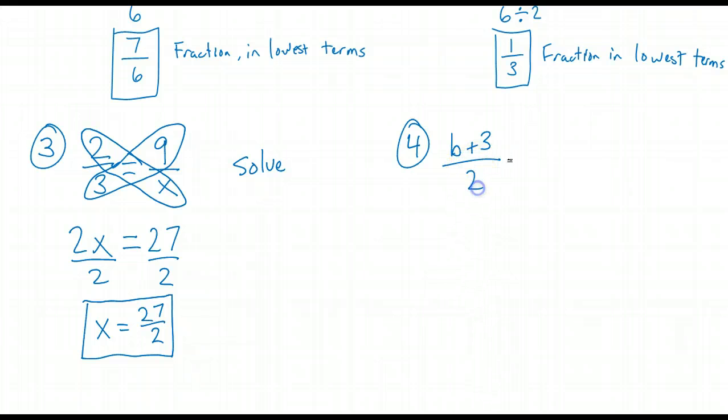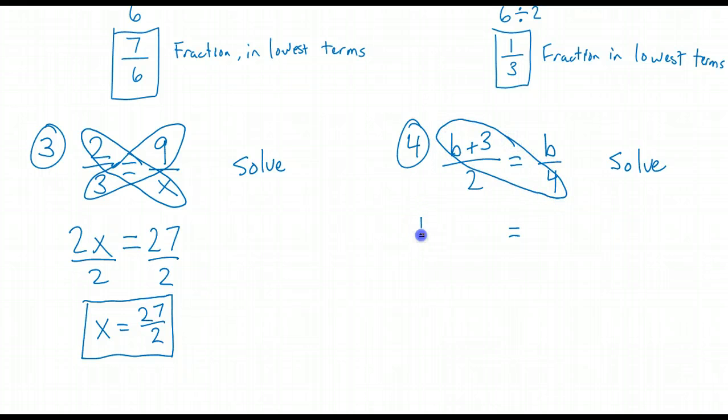The last example. I have a ratio equal to a ratio, so I have a proportion. Whenever I have a proportion, my directions will be solve. In order to solve this proportion, again, I'm going to cross multiply. I'm going to take my numerator times my denominator, b plus 3 times 4.